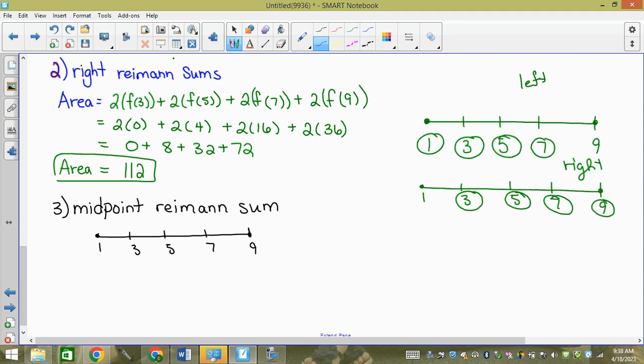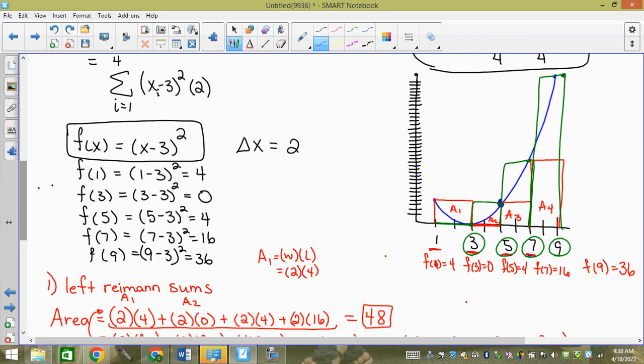We're picking their midpoints. So we're going to actually use 2, and that's in the middle, 4, 6, 8. That's what we're going to use for our heights. Does that make sense? So left Riemann sums, we use the left hand first 4. Right Riemann sums, we use the last 4 because they're going to be the ones from the right. Midpoint, we draw out a number line, and we're going to use the actual ones in between. I'll show you what that looks like on a graph. So on the graph areas, it would look like this.